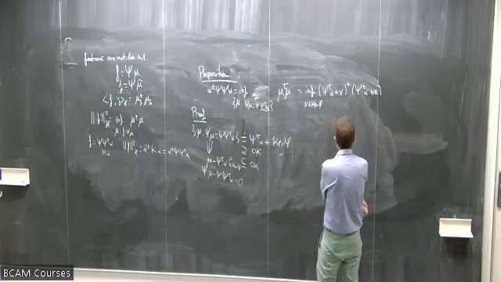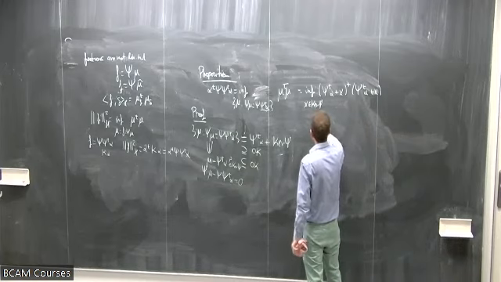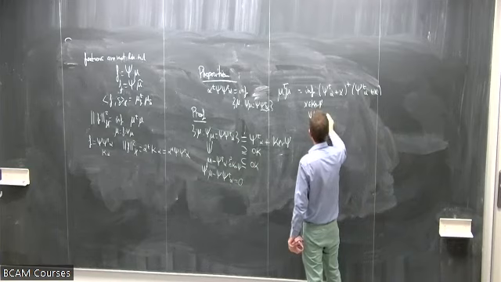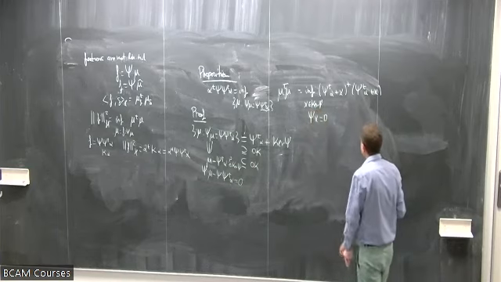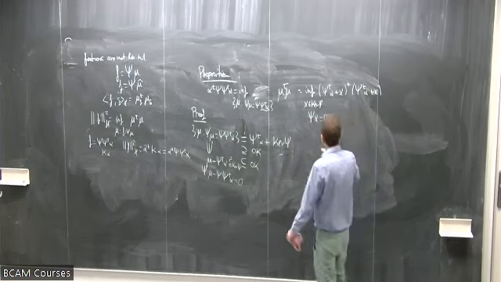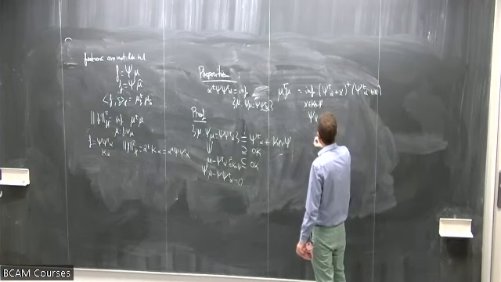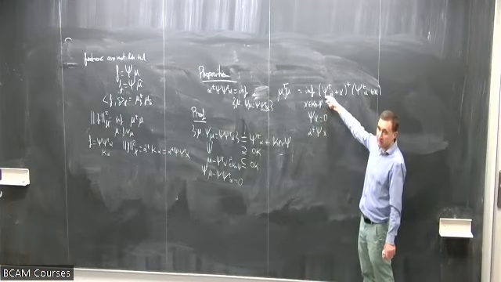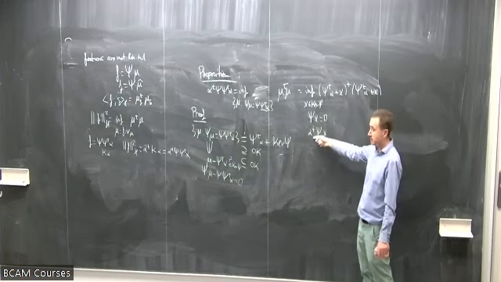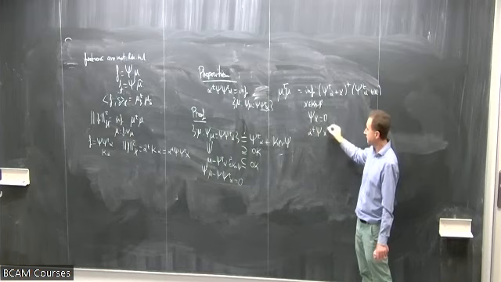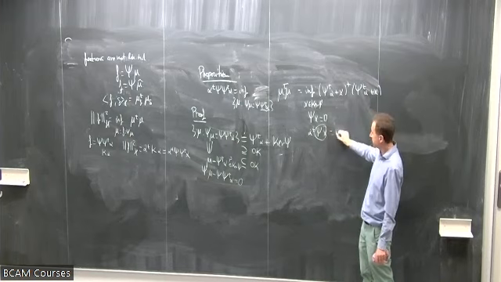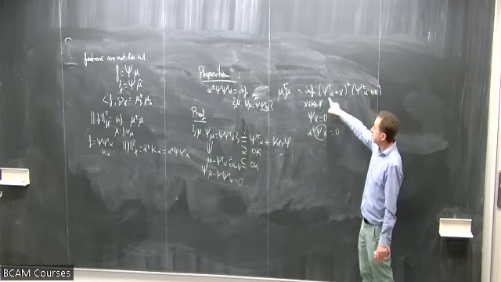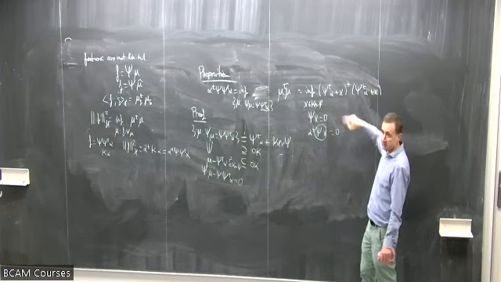Basically, x in the kernel means that C times x is 0. So when I do the scalar product of this with x, I will be doing this times C times x, and since x is in the kernel, this is 0. So the scalar product of this vector with this vector is going to be 0.